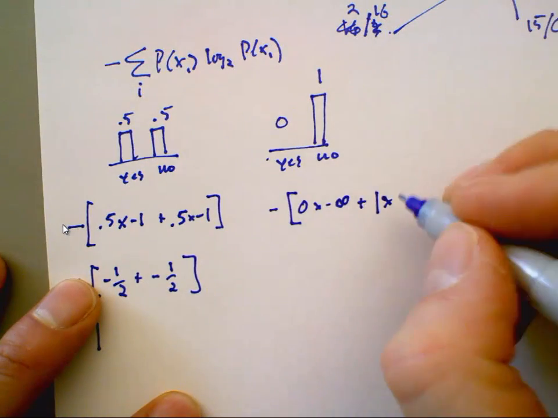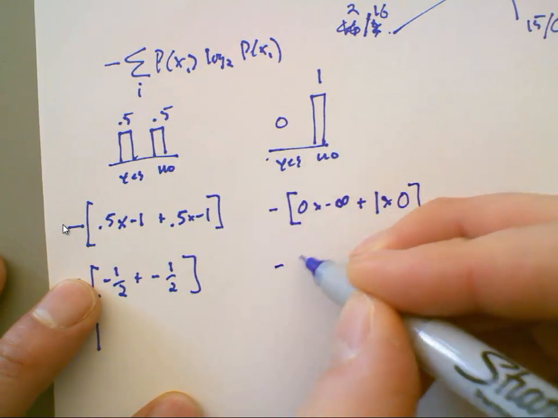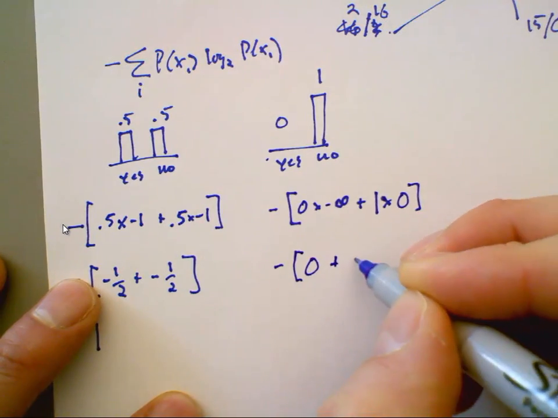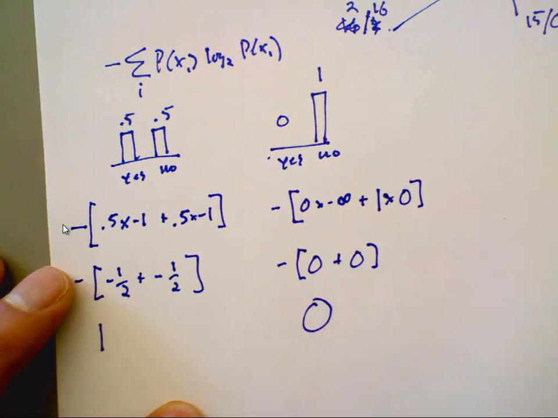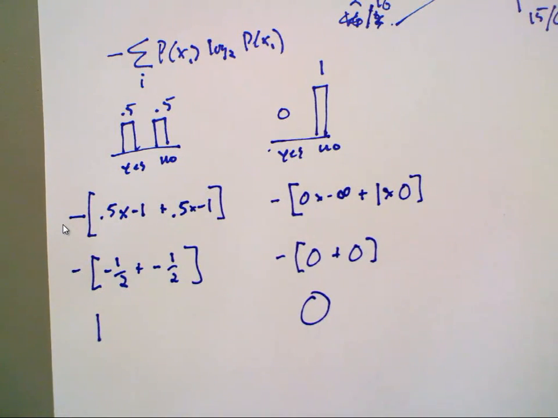Wow, look at that. So I've got 0 plus 0, which is a big fat 0. Negative infinity times 0 is 0.